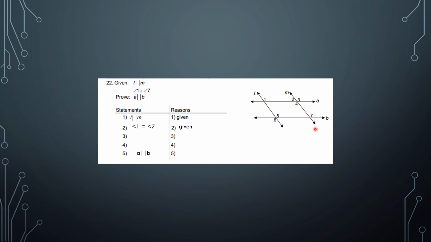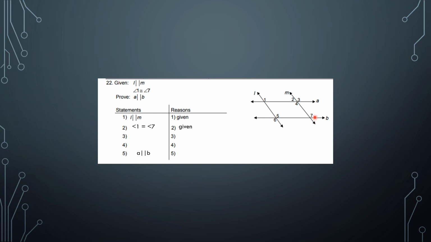So if I'm looking at this, L is parallel to M. Why do I care? Well, L being parallel to M means that, if this is my sandwich, I should be looking at the angles formed from that sandwich and thinking, okay, which ones are congruent? Notice I'm not going this way. I'm not looking at A and B as my sandwich. I'm looking at the sideways sandwich right now, okay? I'm trying to prove that A and B are parallel.